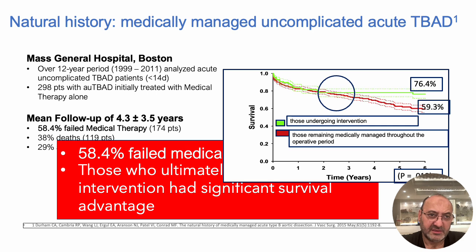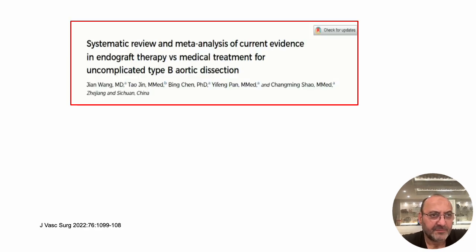As you see in this graph, there's a huge difference between those who were treated with TEVAR and those who were treated medically. So 76% survival rate as opposed to 59% survival rate.